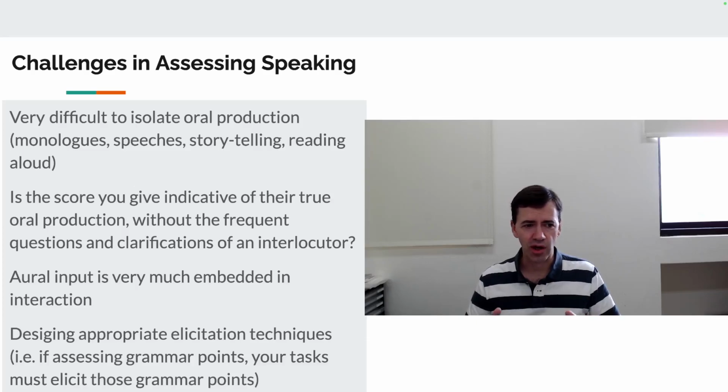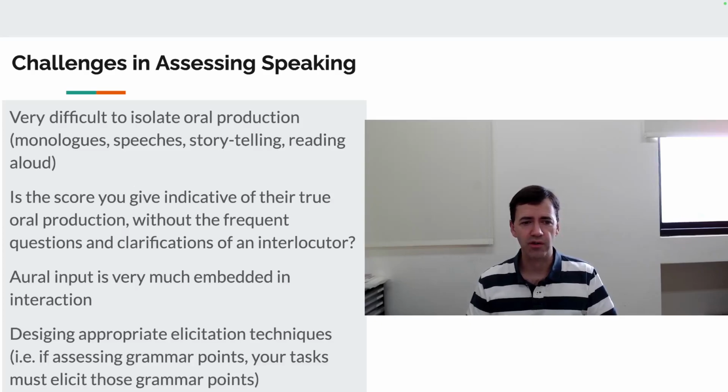So the actual authentic process or act of speaking is really interactive, right? If I say something and you don't get it, you can clarify, or I can clarify, hey, do you know what this means as well? So without that part, are you giving them a score that really represents their true ability to speak?